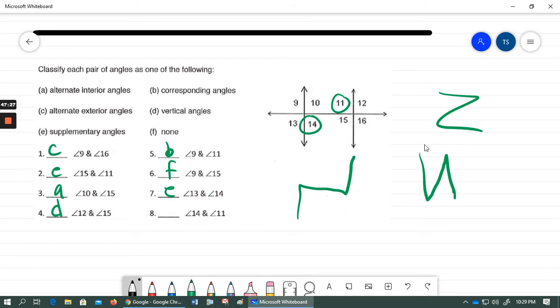If you are looking at angles that get formed in a little Z shape like that, then you could think of them as alternate interior angles. Like these two angles right here, and these angles here, would be alternate interior angles.